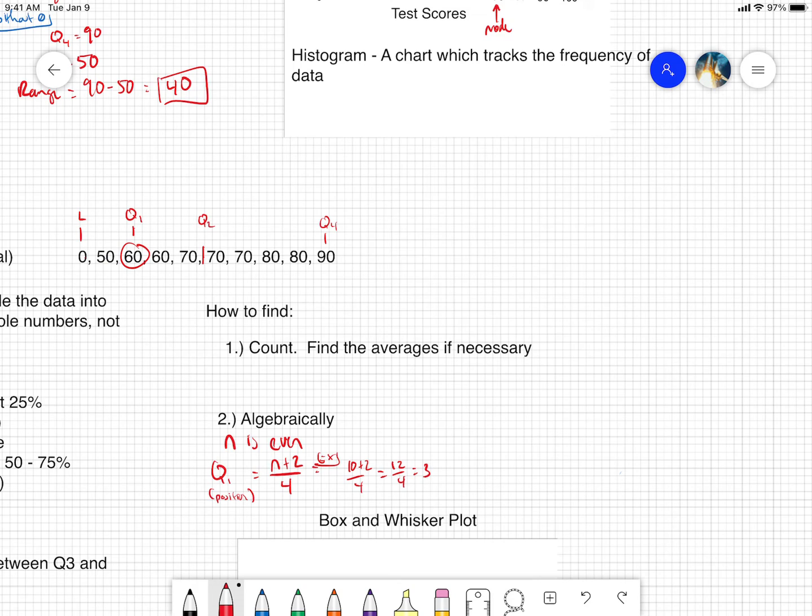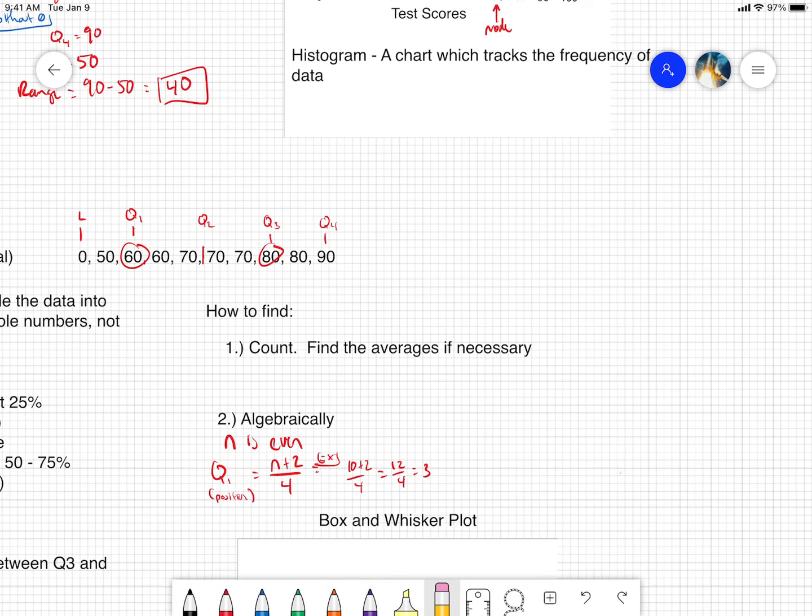And the same thing going over here. Basically you count the same number from the median this time. To find Q3, I'd go 1, 2, my third one from the median is going to be Q3. And that's how you do it if n is even.